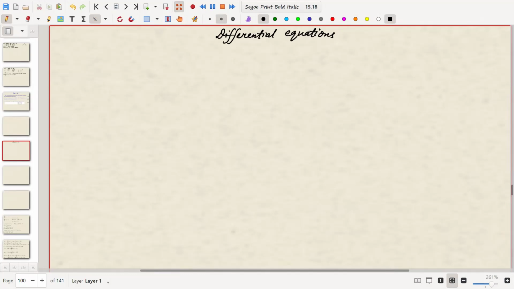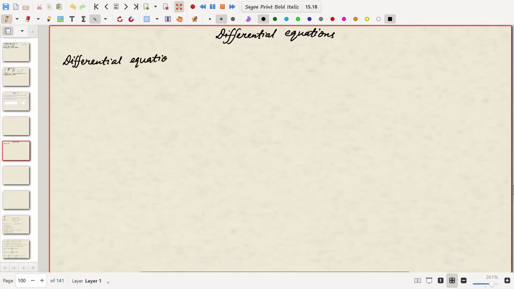A differential equation can be of many types. However, this is the broader classification. You have ODEs, that is ordinary differential equations, and another part, PDEs, that is partial differential equations.